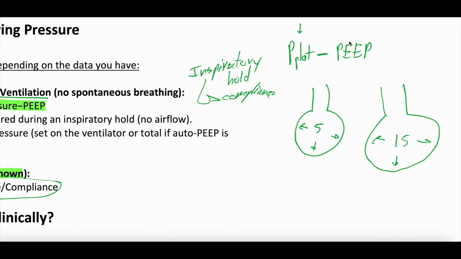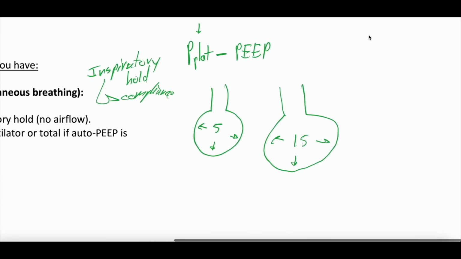And if we play around with this in our brains, let's say the plateau pressure is 20 and the PEEP is 5, okay? And that's a driving pressure of 15. And we're like, oh, well, actually, let's change this. Let's say the plateau pressure is 30 and the PEEP is 10. That is a driving pressure of 20, right? Driving pressure is plateau pressure minus PEEP, 30 minus 10, driving pressure of 20, okay?